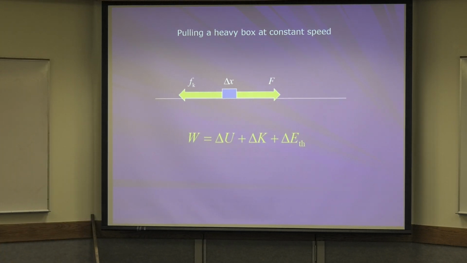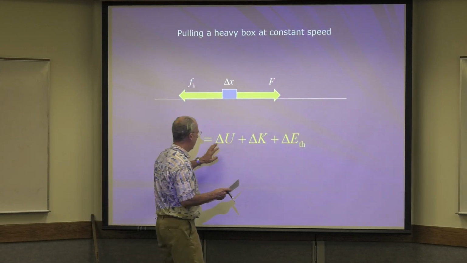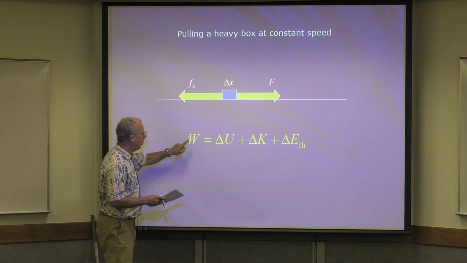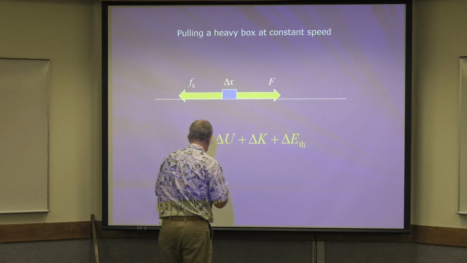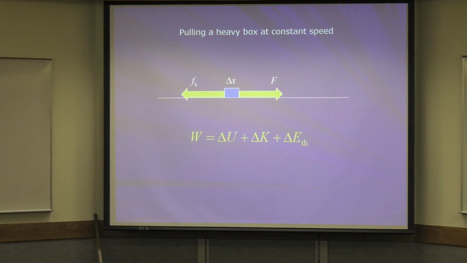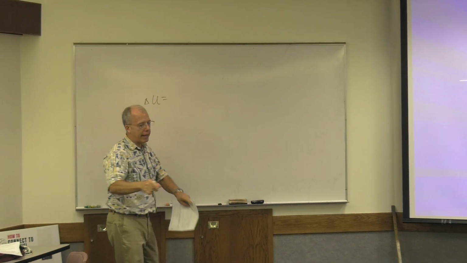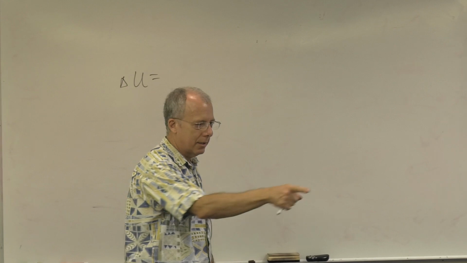So what do we do? Well, let's see. Here's our equation. Work equals delta E, which equals delta U plus delta K plus delta E therm. Great. So what's delta U? What's the change in gravitational potential energy? Well, 0, right? It's not changing its elevation.